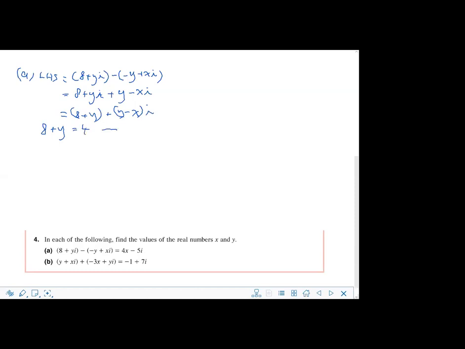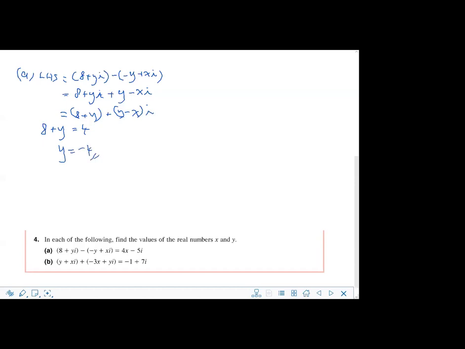In fact, this one you do not need to label as equation 1, because there is no second unknown. There is only one unknown in this equation, so we can find the value of y directly.